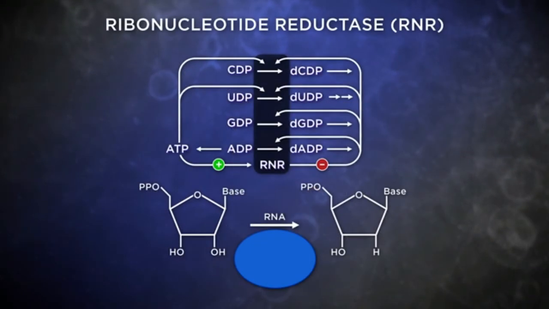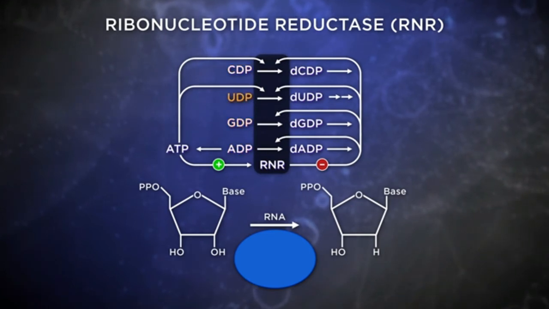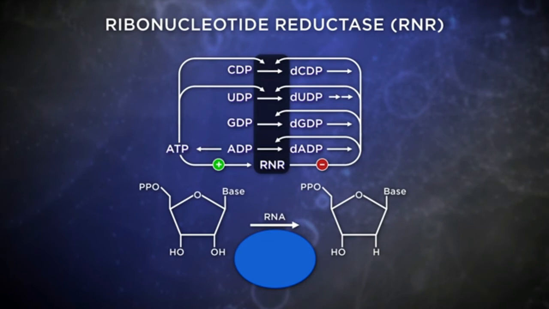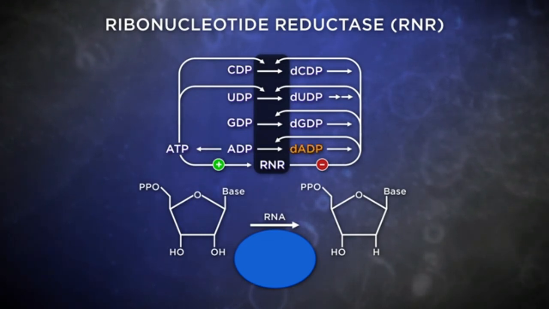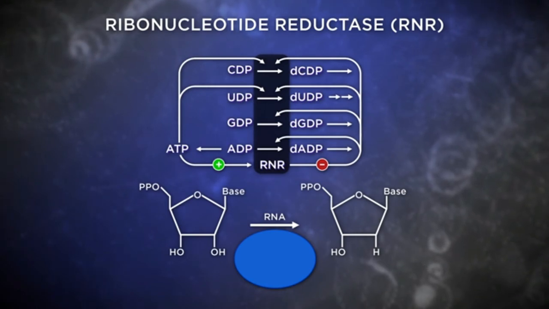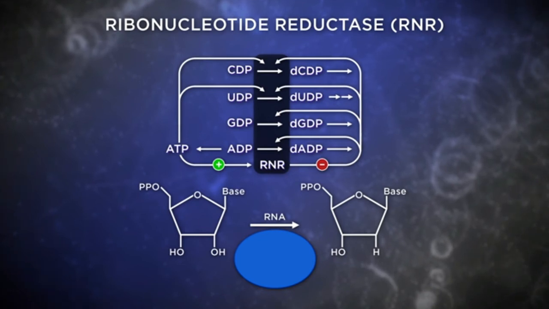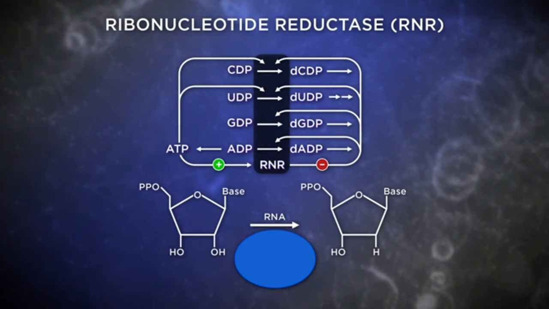A remarkable enzyme called ribonucleotide reductase, or RNR, acts on ADP, CDP, GDP, and UDP, converting ribose in each to its respective deoxy forms to make dADP, dCDP, dGDP, and dUDP. But converting sugar is merely the enzyme's default job. It's the regulation of this RNR enzyme that ensures synthesis of the proper amounts of each deoxyribonucleotide.